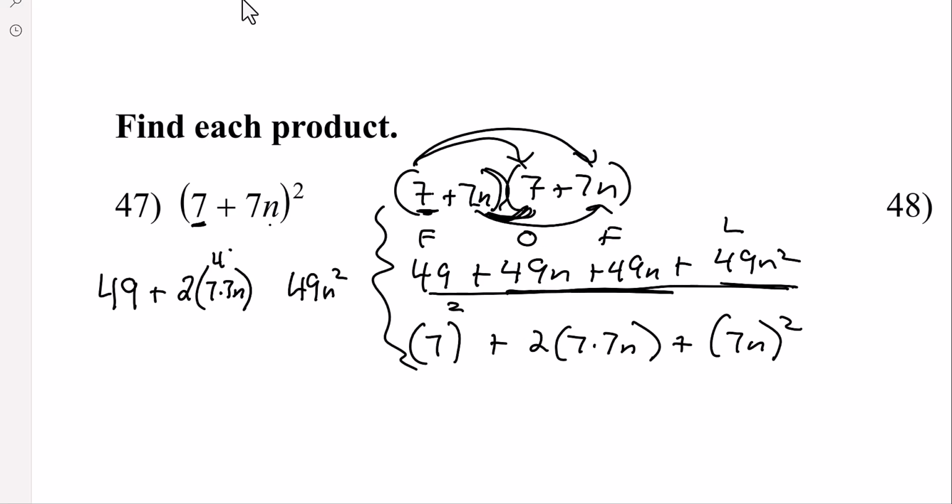Well, that's 49n. 2 times 49n is 98n. So if you can see the pattern and know how to use it, you can just use the pattern. You don't have to do that extra work. All right, that's it for this one.